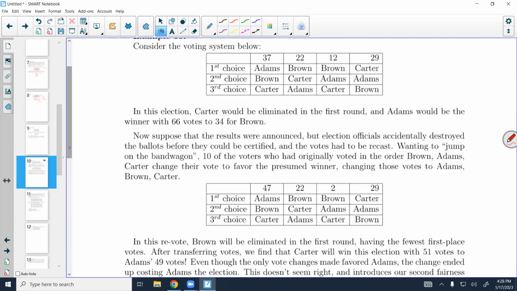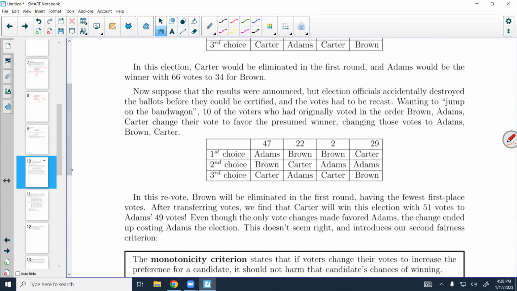Now, the temptation is, hey, I want to vote for the winner. So why don't they jump on the bandwagon? 10 of the voters who had originally voted in the order Brown, Adams, and Carter changed their vote to favor the presumed winner, changing their votes to Adams, Brown, and Carter. So in the revote, Brown will be eliminated in the first round, having the fewest first place votes.